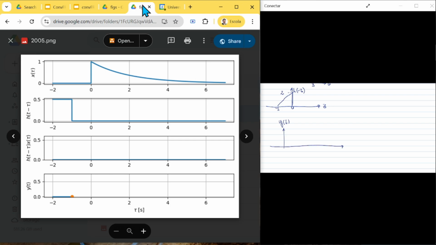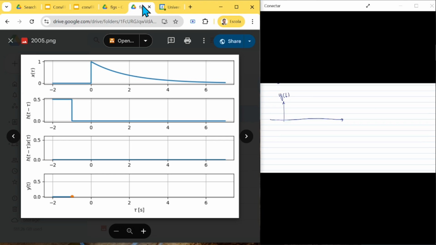Okay, so we can see that for t smaller than 0, y of t is just 0, right? Because I have nothing here in the product, so it's just from 0 on that I have something non-zero. So in this interval, let me choose another color here, y of t is 0.